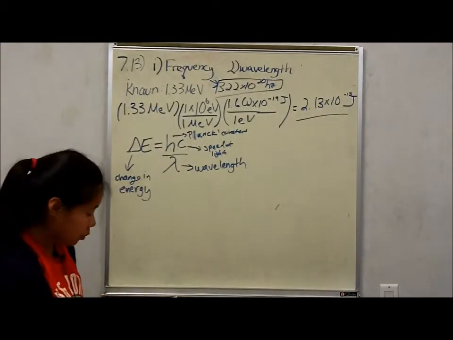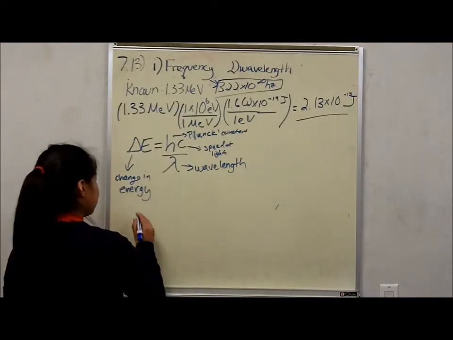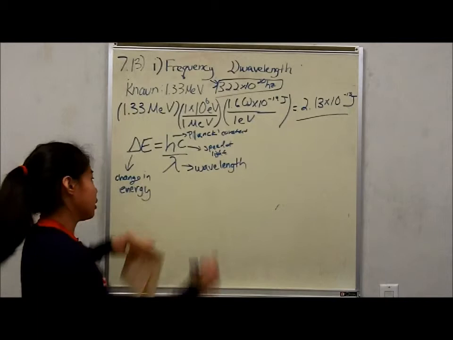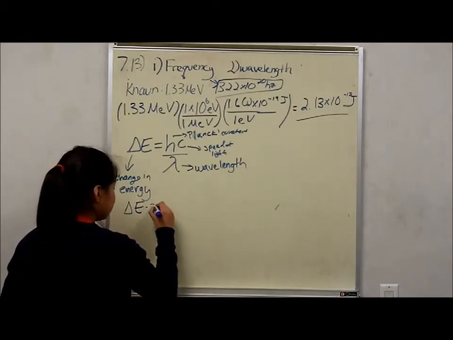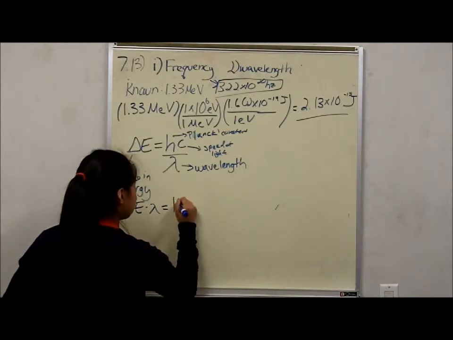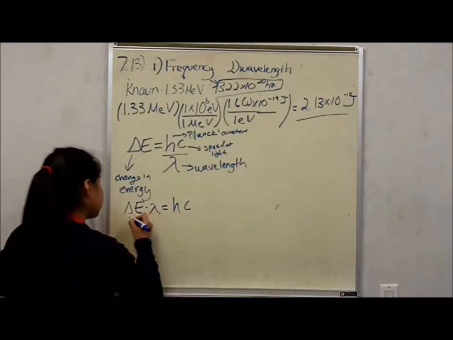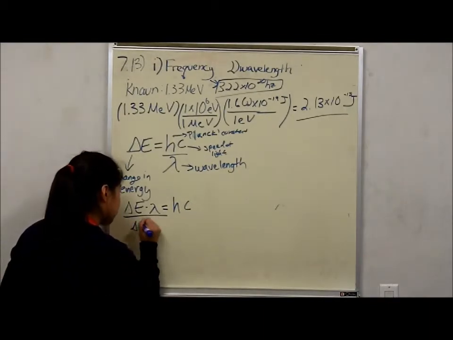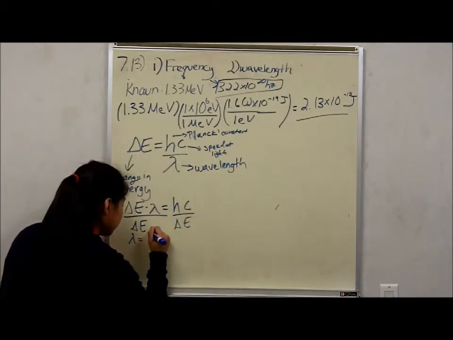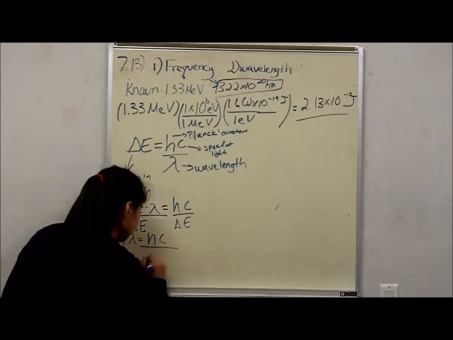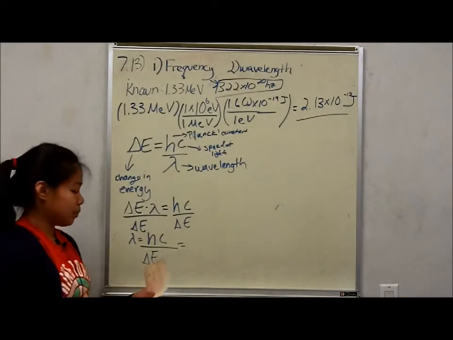Now you want to find the wavelength, so you're going to isolate lambda here. You multiply each side by lambda so that you have delta E times lambda equals hc. To isolate your lambda, you divide each side by delta E, so that now you get lambda equals hc divided by delta E. Now it's just a basic plug and chug.